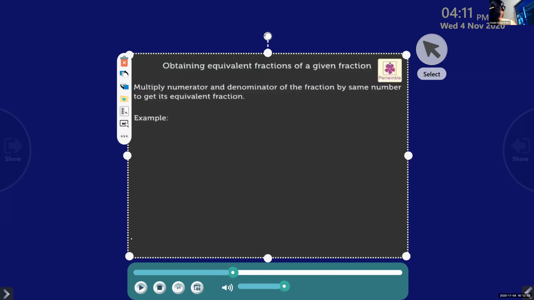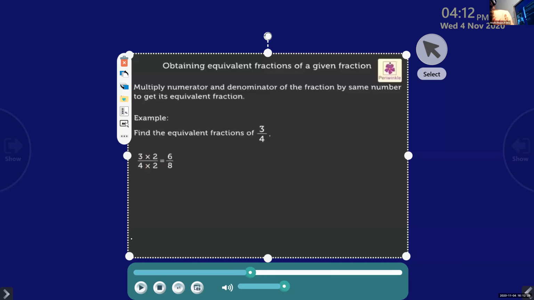Find the equivalent fractions of 3/4. Let us multiply the numerator and the denominator of the fraction with the number 2. We get 3 into 2 upon 4 into 2, which is equal to 6 upon 8.